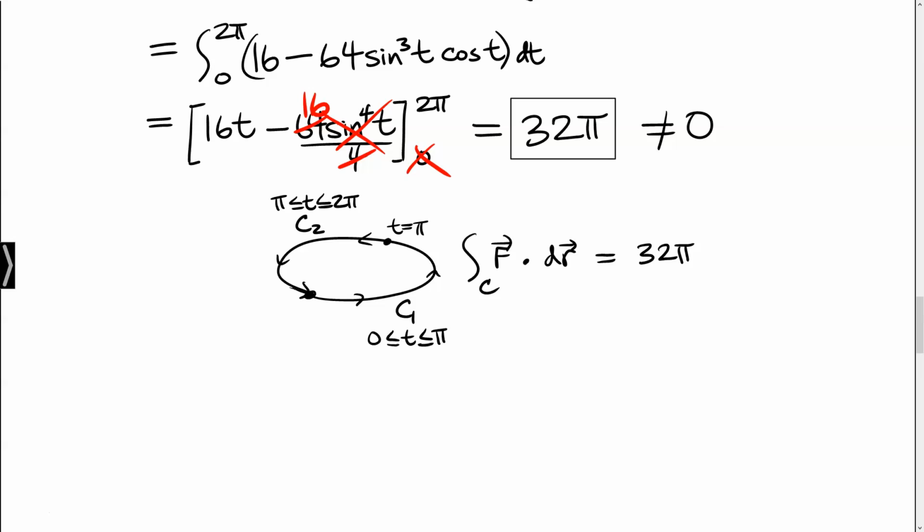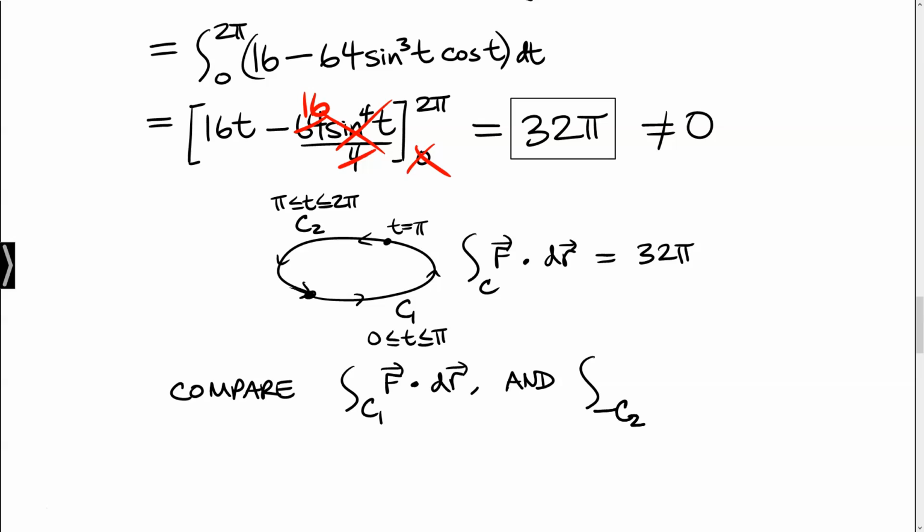What this means is that, let's compare two integrals. So let's compare the integral of f dot dr along c1, and we'll compare this to the integral along minus c2. So what does minus mean? Minus means you're going in the opposite direction. Okay, so whenever you see minus a curve, that's what that means. It means change the orientation.